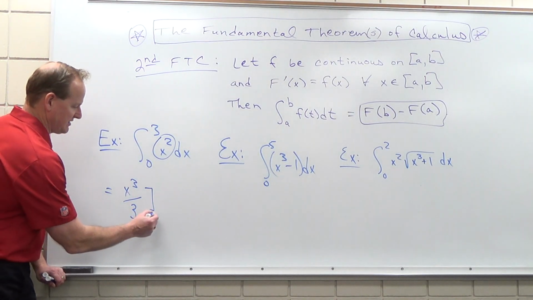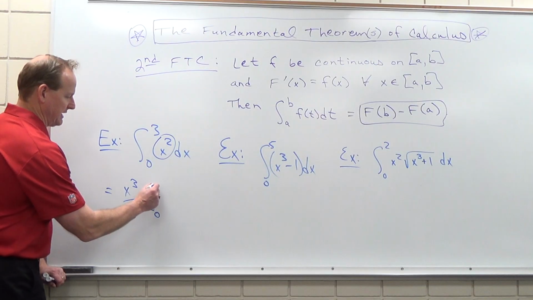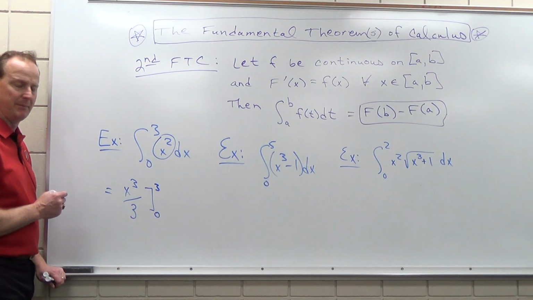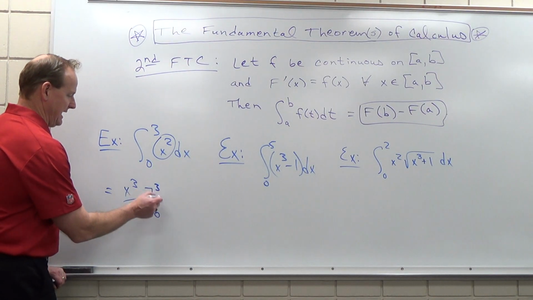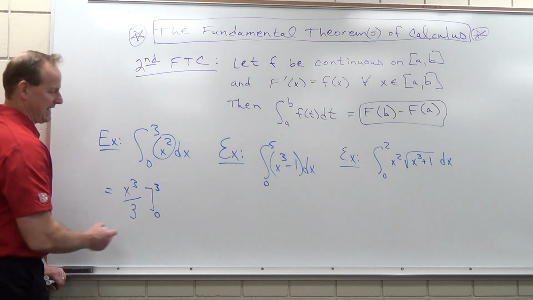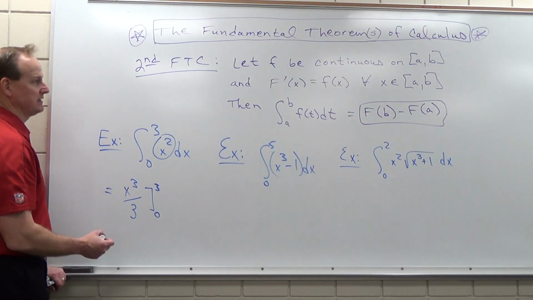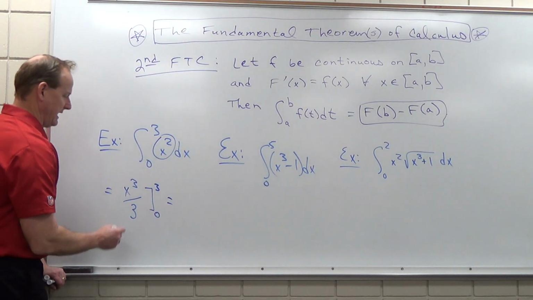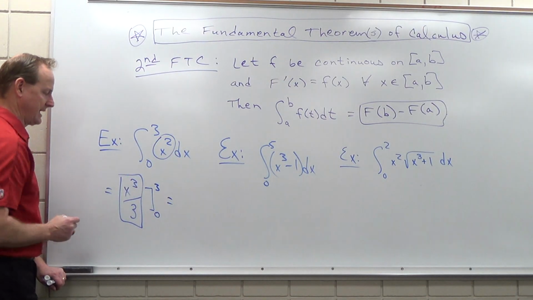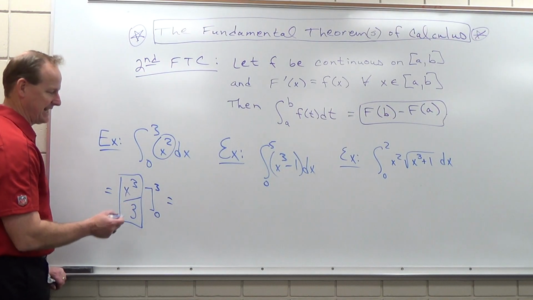So in this case, we're going to evaluate this from the lower limit of 0 to the upper limit of 3. And to do that, we can use a bracket here. Sometimes you just see a line there, but this is kind of shorthand notation. This is your capital F of x here, an antiderivative.